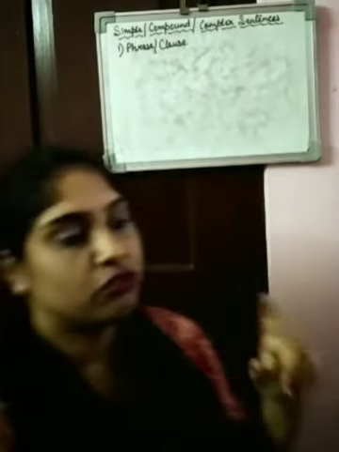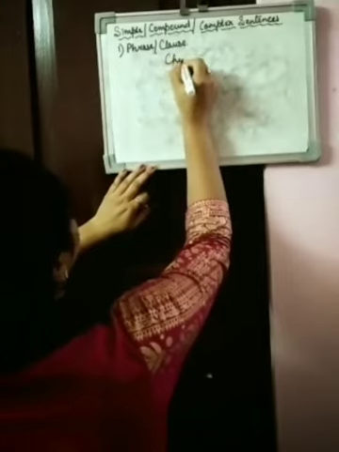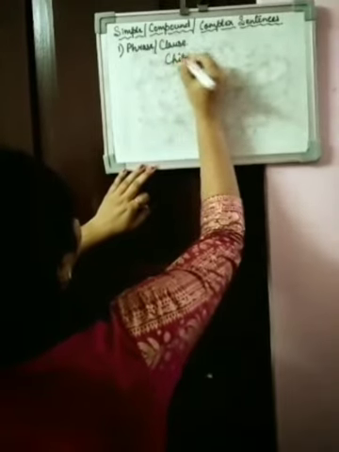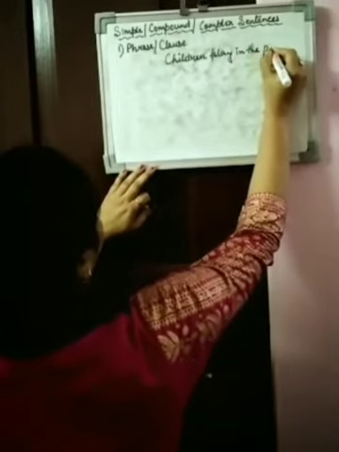Now in a phrase, the subject and finite verb will be absent. Have you understood? The subject and finite verb will be absent from the sentence. Let's take an example: children play in the park.